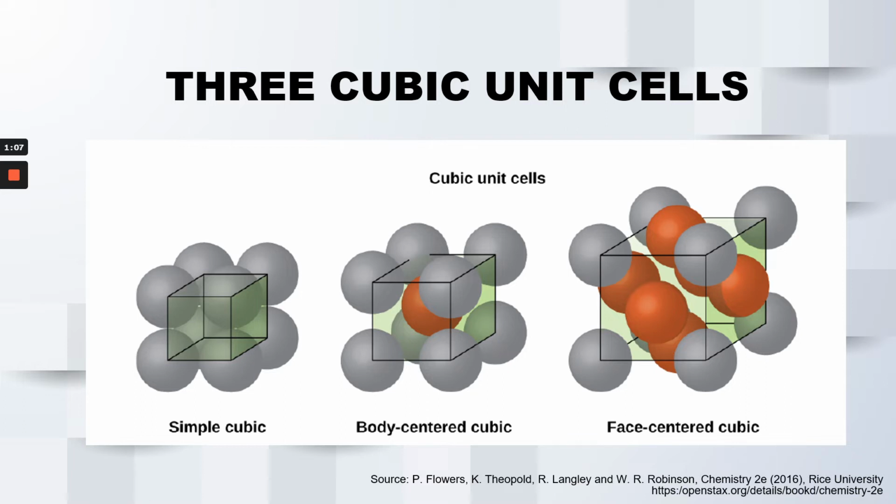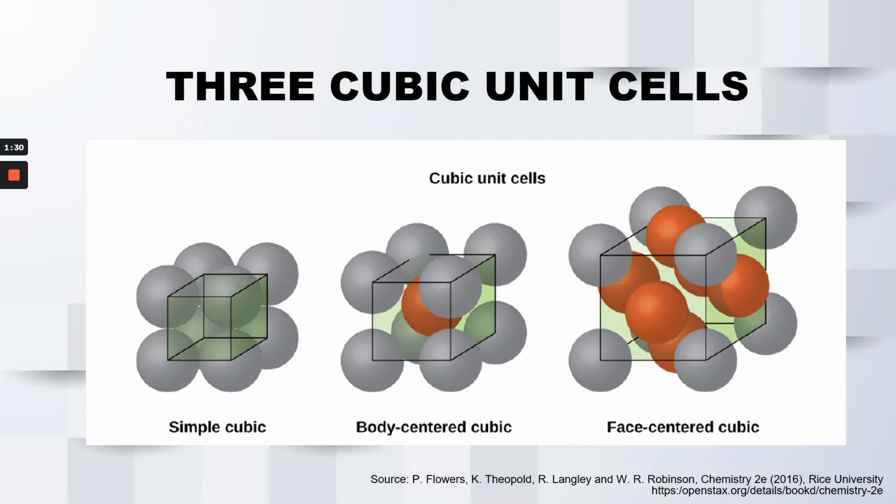In this lesson, we will focus on the 3 cubic unit cells. For your information, when we learn about solids, you have to know that there are 14 different types of unit cells.